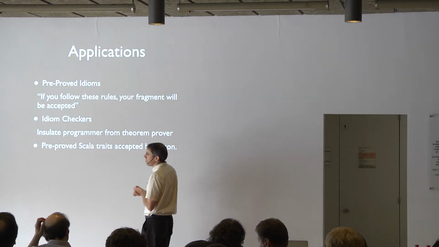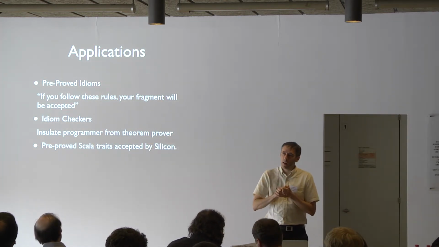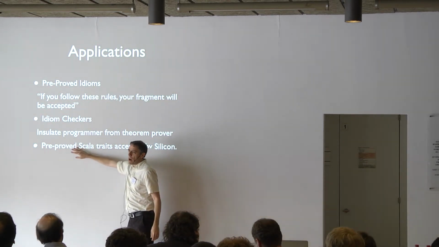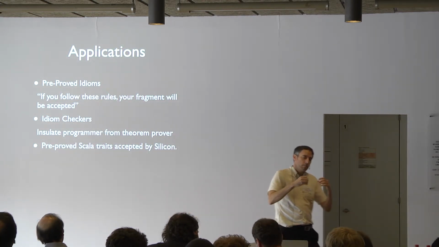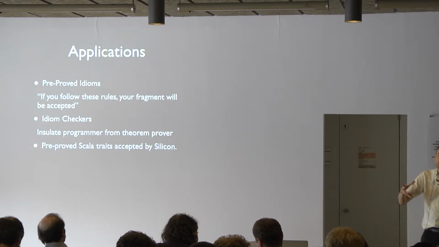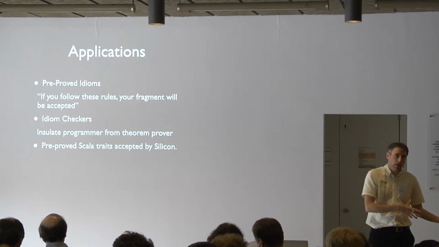I was talking with some people here, and Yannis Smaragdakis immediately thought of using the fact that Scala has a very powerful type system with Scala traits, and you can program certain traits in such a way that the use of that trait will guarantee that it's going to be correct at the level the verification checker is doing.